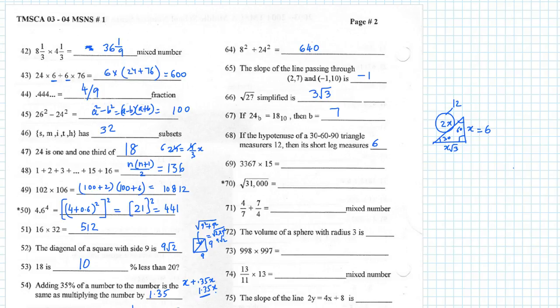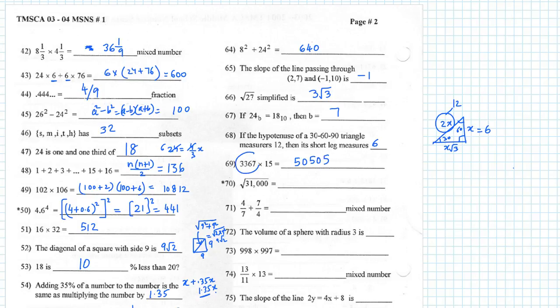Question 69, what is the product of 3,367 times 15? Again, there is a trick for that. You divide whatever is multiplied with 3,367 by 3. So in this case, you get 5 over here. And so the answer for this one will be 50505.